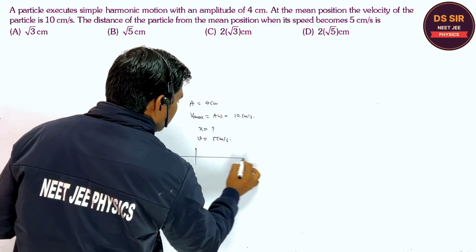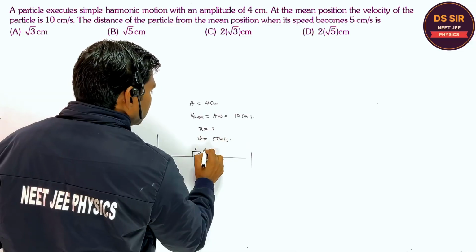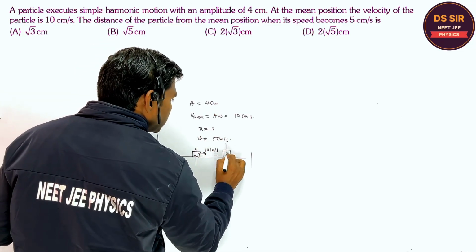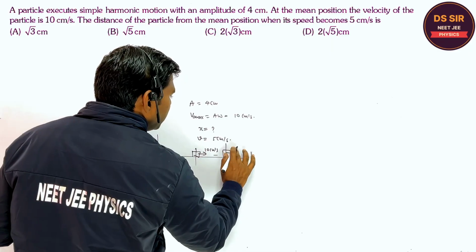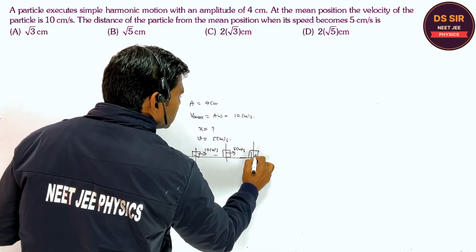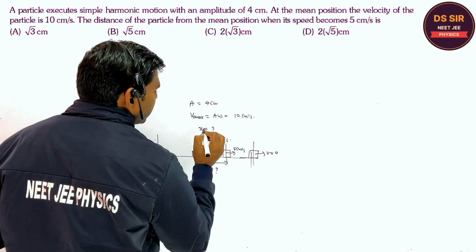Listen, when the particle is performing SHM, its maximum velocity is 10 centimeter per second, and slowly its velocity becomes 5 centimeter per second, decreasing, and at the extreme position the velocity becomes 0. So this distance we have to find.